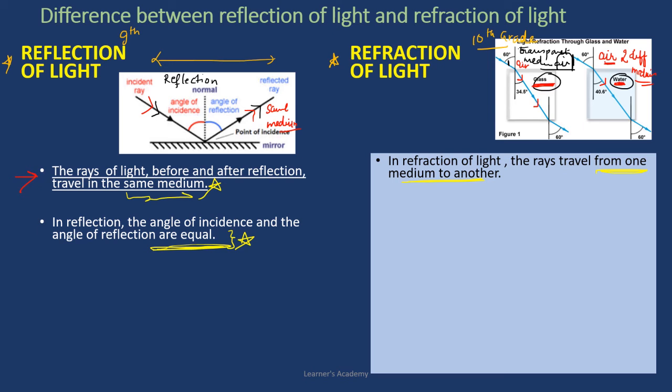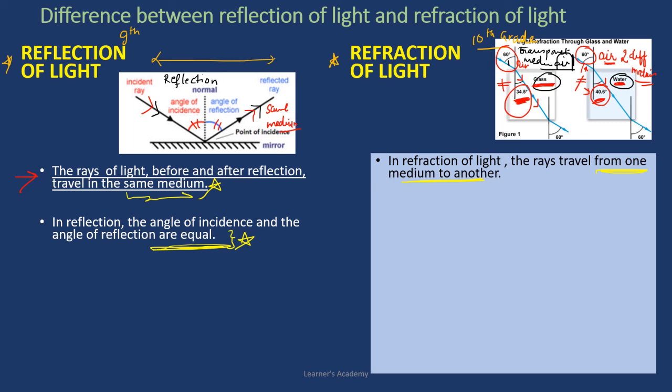Whereas in case of refraction, when the rays travel obliquely from one medium to another medium, the angle of incidence and the angle of refraction are not equal. They may look equal, but here you can see the angle of incidence is 60 degree, whereas the angle of refraction in case of glass is 34.5 degree.